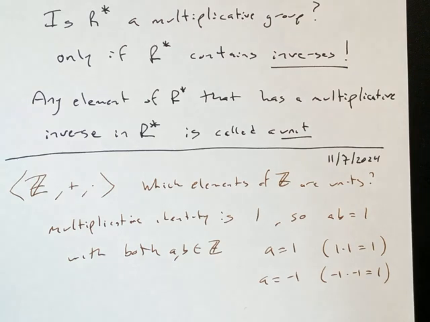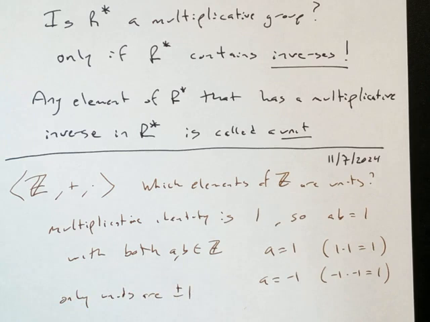You pick any other integer, put it in for A, then try and solve for B, you're not going to get an integer, are you? You need a rational number. But, so the only units are plus and minus 1.